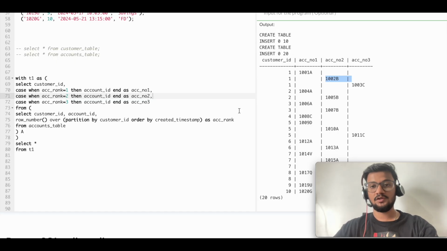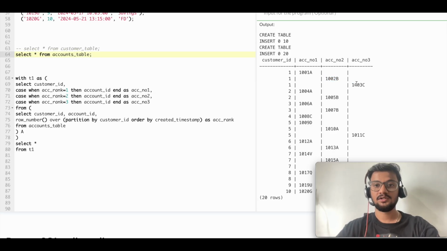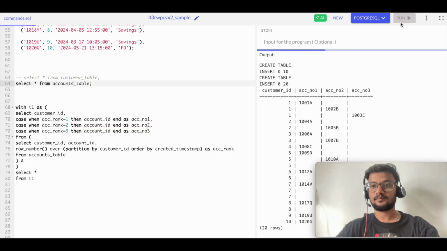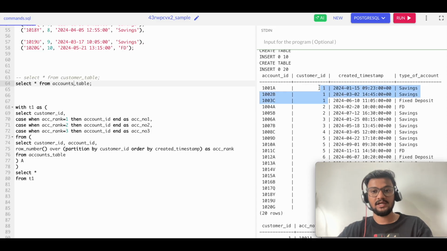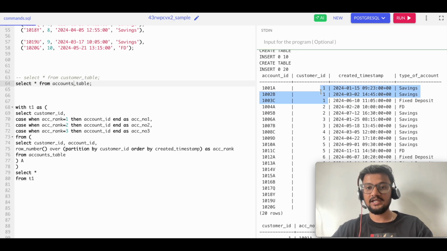Now how do we solve this? This is happening because, first of all, if you look at the accounts table, we can see that each customer ID had 3 rows, and because we have taken a rank against each and then used a case statement, it is taking the values for each of these three rows.